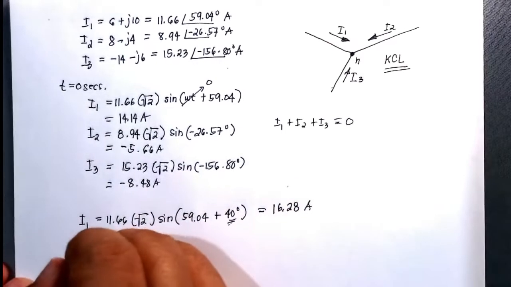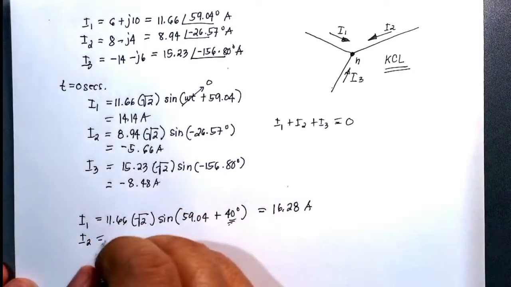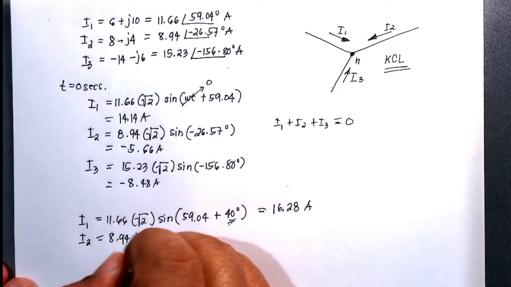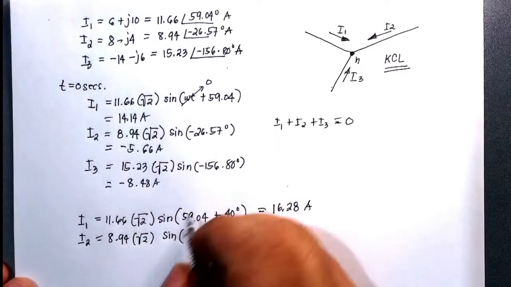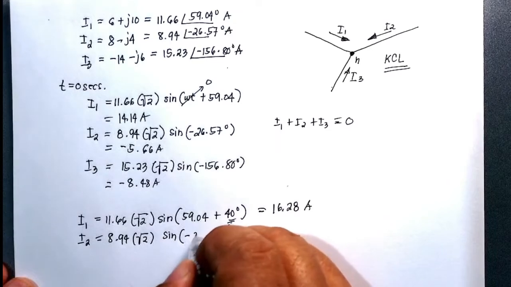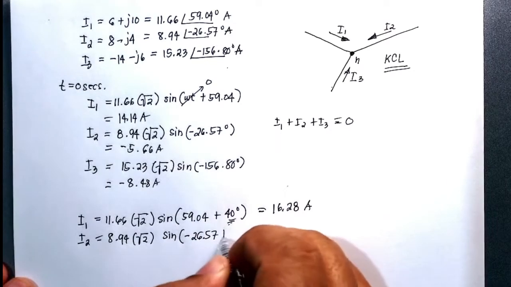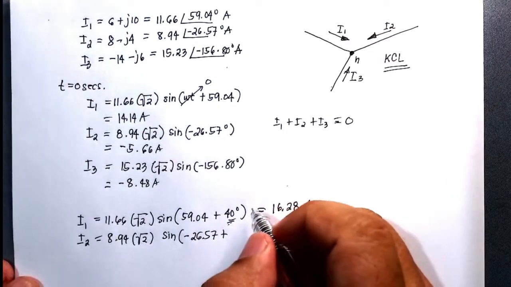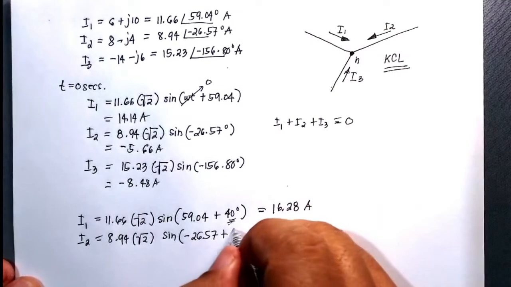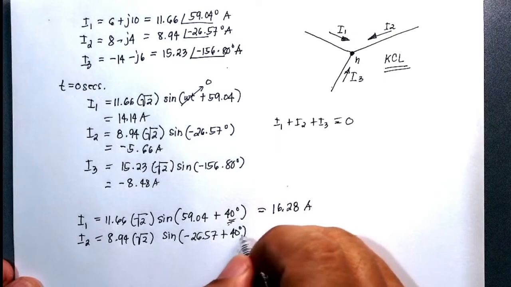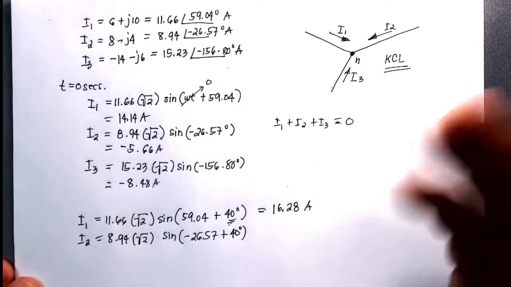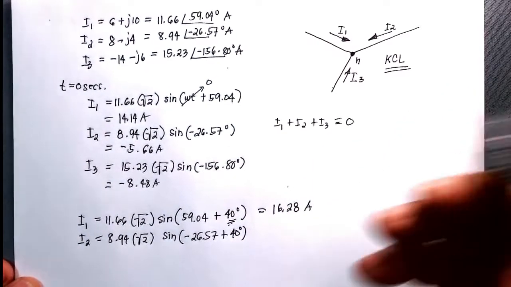Now for I sub 2, again same thing, you have 8.94 times square root of 2 sine negative 26.57, and again I add a value of 40 degree. This is a degree at a certain time, not at 0 seconds.